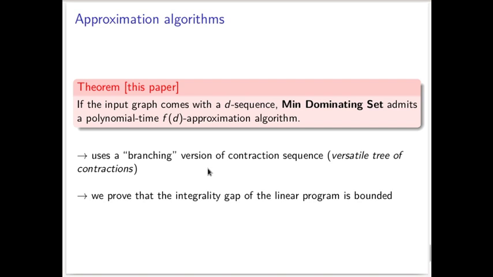Using these more complex objects, we are able to prove that the integrality gap of dominating set is bounded by a function of the twin-width only, which implies a polynomial time approximation algorithm.